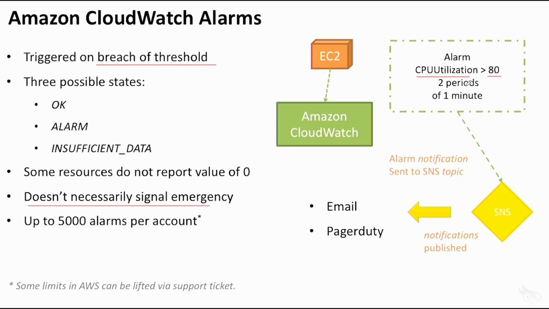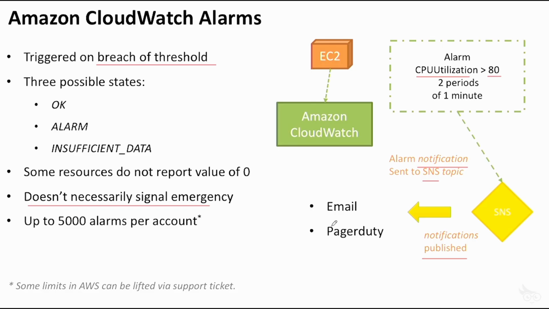From there, we can do a number of different things. One possible thing we could do is to send that alarm notification out to a Simple Notification Service topic. And we'll talk more about this service later on. But for now, we'll take this alarm into the Simple Notification Service, which will publish that notification out to different subscriptions that we have applied to that particular topic.